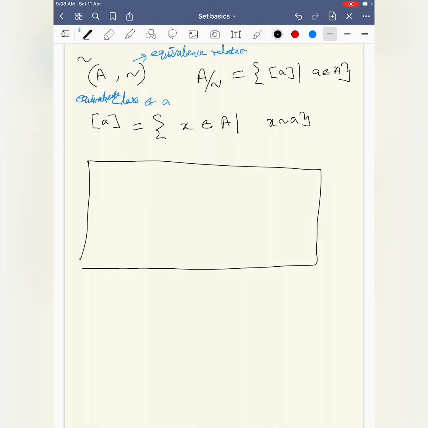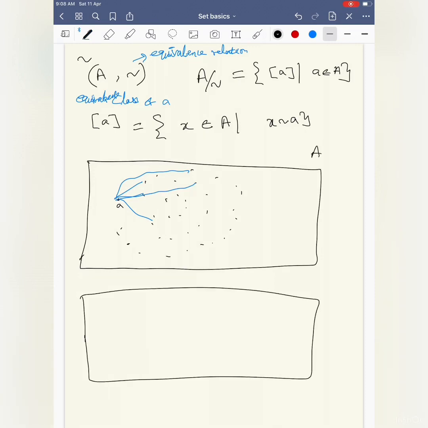Suppose I have A, then I have a small a, let's say many people are there in the set. Then I take an a, I connect its relatives and take them out.